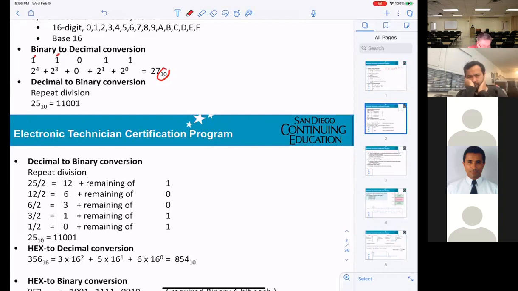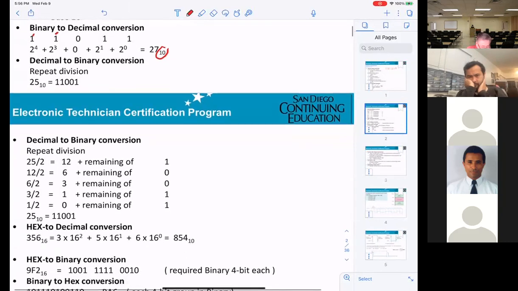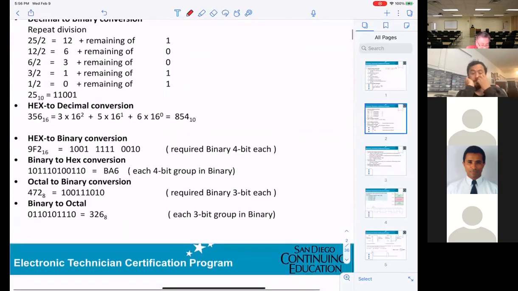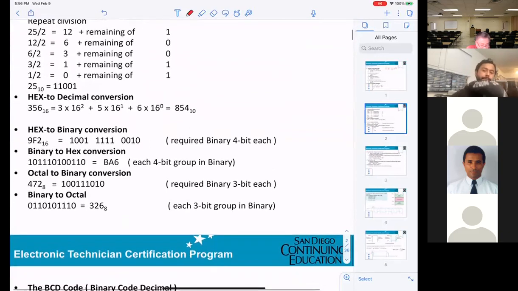Okay. Now, what I emphasize here, converting hexadecimal to the binary.